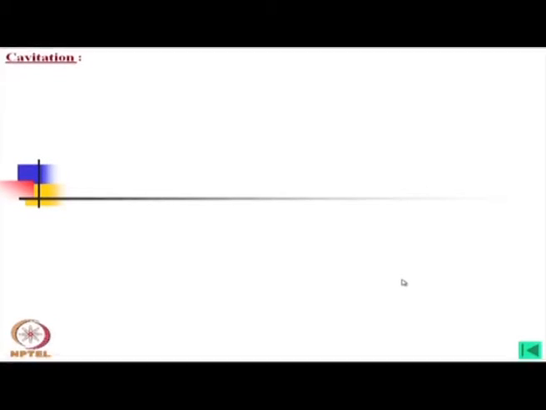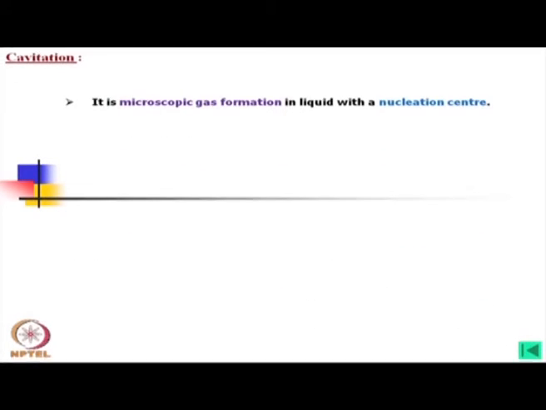Now, another associated property of fluid, or phenomenon, is cavitation, which is very harmful for fluid drives. It is microscopic gas formation in liquid with a nucleation center. What happens? As I have told, we cannot avoid the air inside the oil.